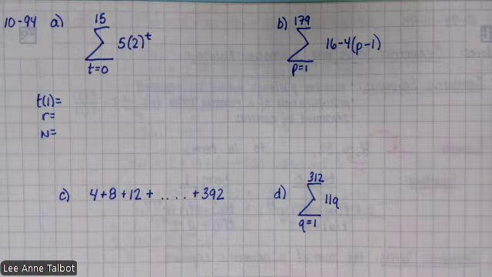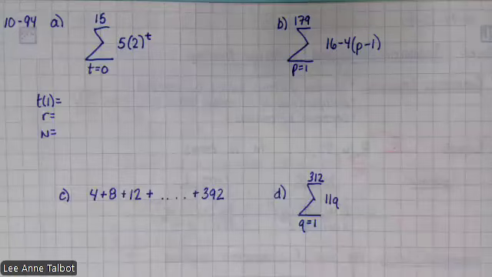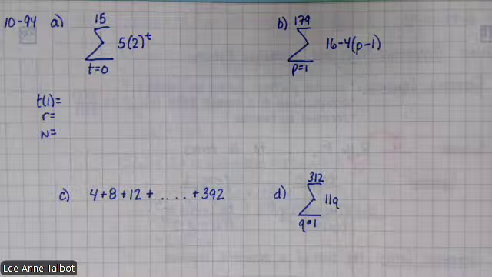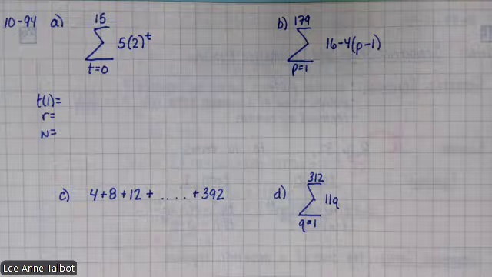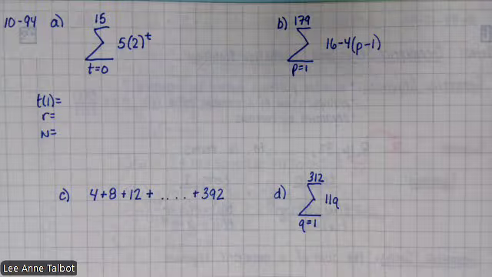How many terms are there between 0 and 15? 16, because you've got to include the 0. So you should have 10, 2, and 16. Now do the formula. Just like we did a minute ago, go to the calculator and make sure you get the correct answer.